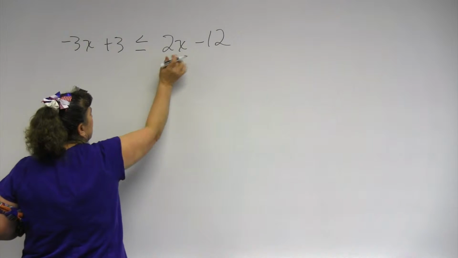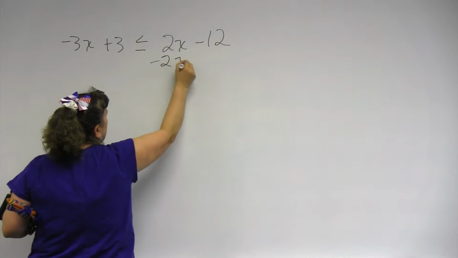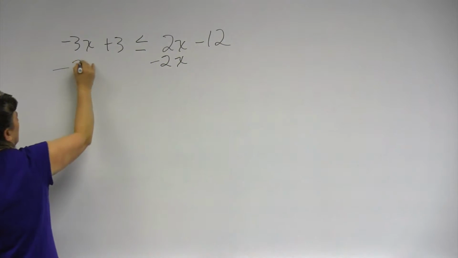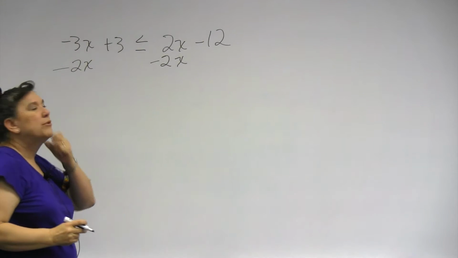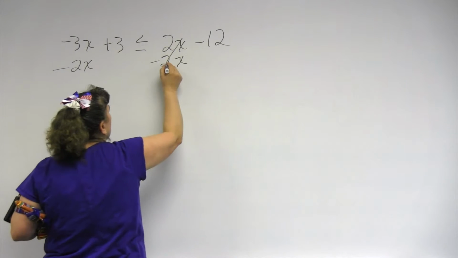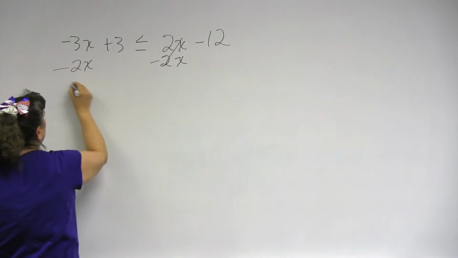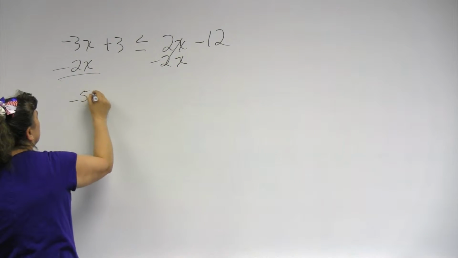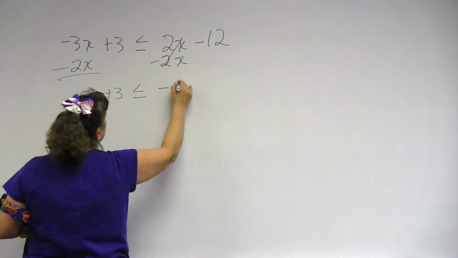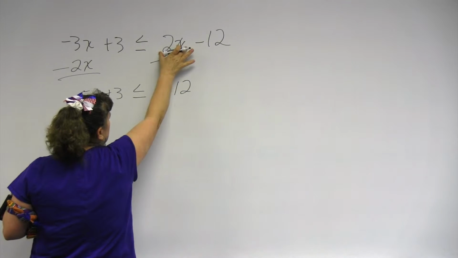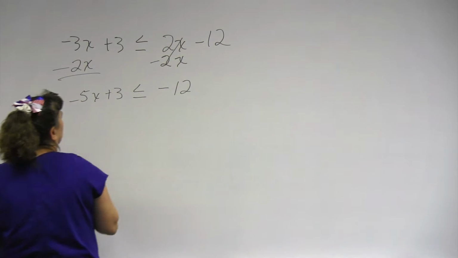Therefore, my 2x on the right, I'm going to move it to the other side by doing the opposite of the positive 2x, which is minus 2x, and that produces 0. So I now have negative 5x plus 3 is less than or equal to a negative 12, because this is 0. 0 minus 12 is negative 12.